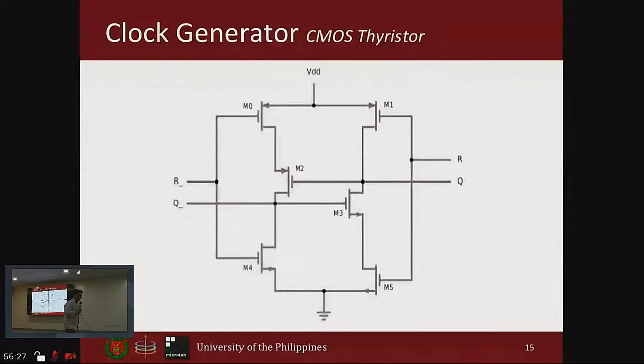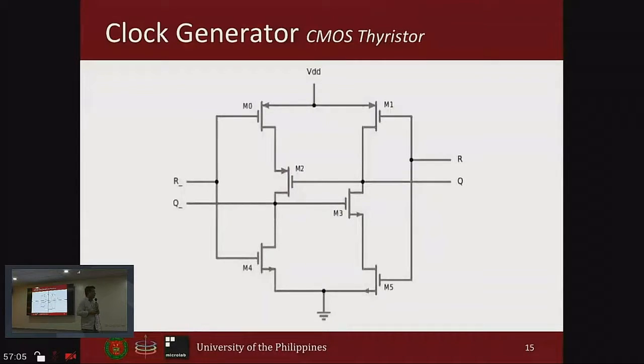Now, in the implementation of the final circuit, there was a consideration on building a ring oscillator. But given the very, very low frequency of the clock, what was decided was to look at a different way of implementing inverters. In this case, we used CMOS thyristors instead to be able to have a lower number of stages. So using the thyristors and 5 stages as a ring oscillator, we were able to produce the 12 kilohertz or close to 12 kilohertz clock frequency.